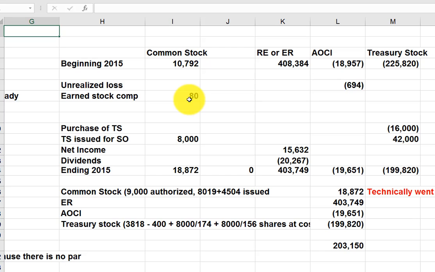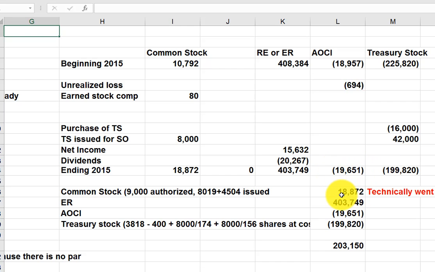We have the earned stock compensation. We have the purchase of treasury stock, which affects the treasury stock column. We have the effect on common stock for treasury stock issued for stock options, and also treasury stock. So you subtract the 16, or make it go more negative, and then it goes the other way on the 42. Net income goes here, dividends reduces it.